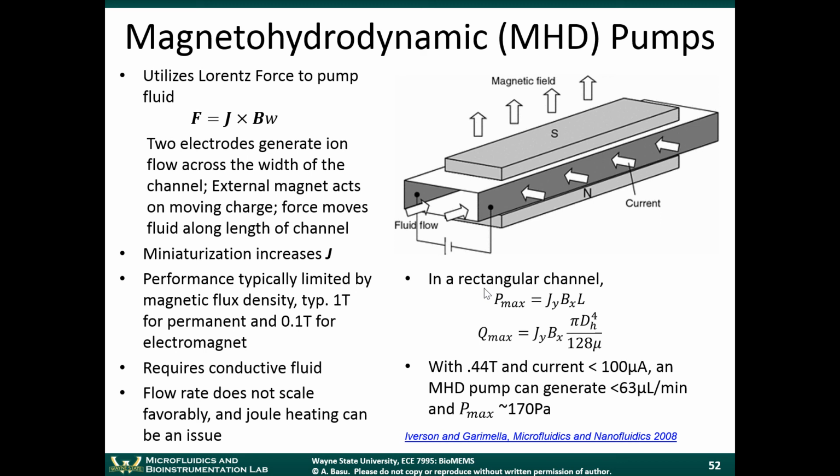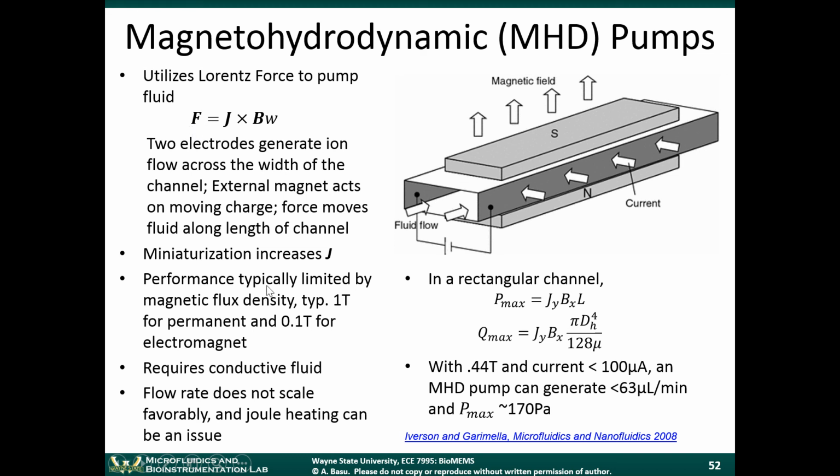The equation for it is relatively straightforward. It's F equals J cross B. J is the current density as a result of the moving charge. The cross product of that with B, the magnetic field vector, and then the force is the force vector.